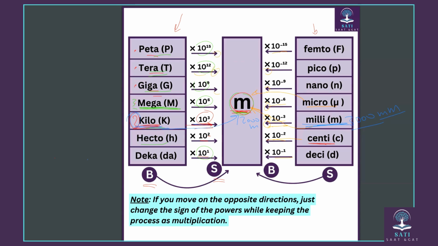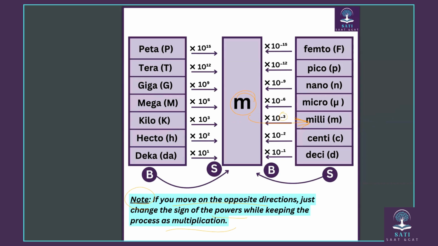What if I want to change from meter into millimeter? I want to move in the opposite direction. Here's the note: if you move in the opposite direction, you change the sign of the power. Here the power is negative 3, so change it to positive 3.